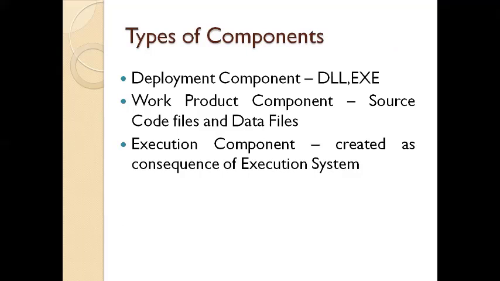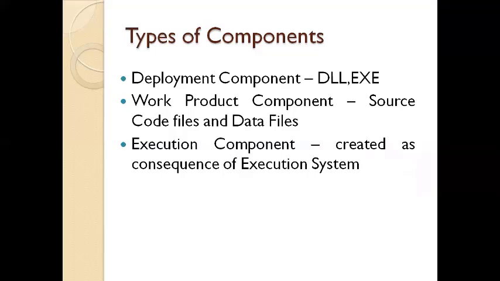Now the different types of components which are present in a system: some are deployment components, that are the DLLs and EXEs, executable files. These are the executable systems that can be formed by these files. Then the work product components are there.